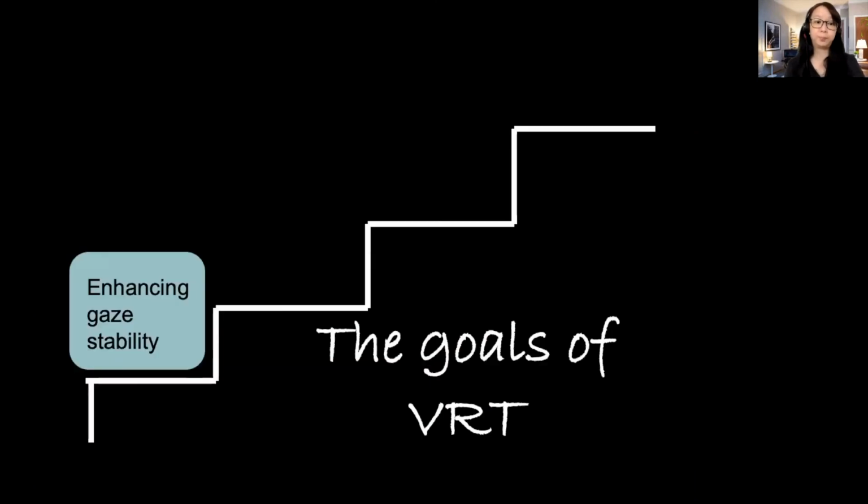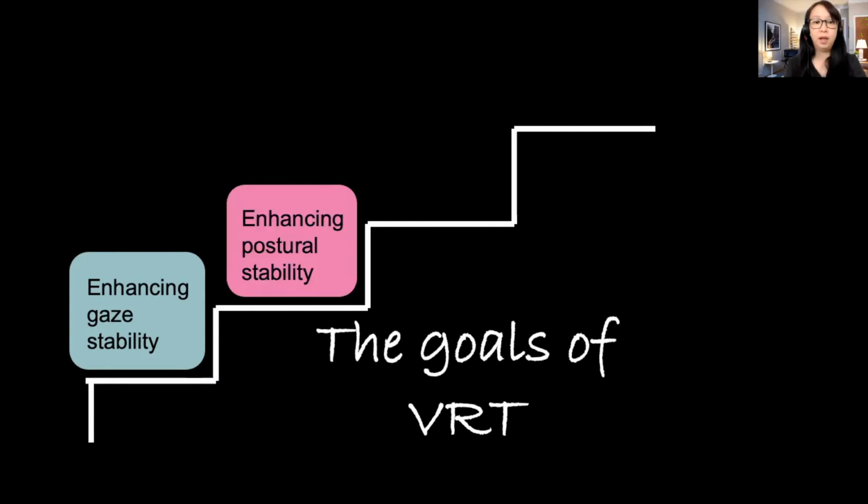Yeah. So what are the goals of VRT? All right. So first, we want to enhance gaze stability. What is gaze stability? Meaning you want to keep the eyes stable, okay, so that the vision or the image falls on the retina well. It doesn't shake, it doesn't move, it's not out of place. Okay. Then we want to enhance postural stability.